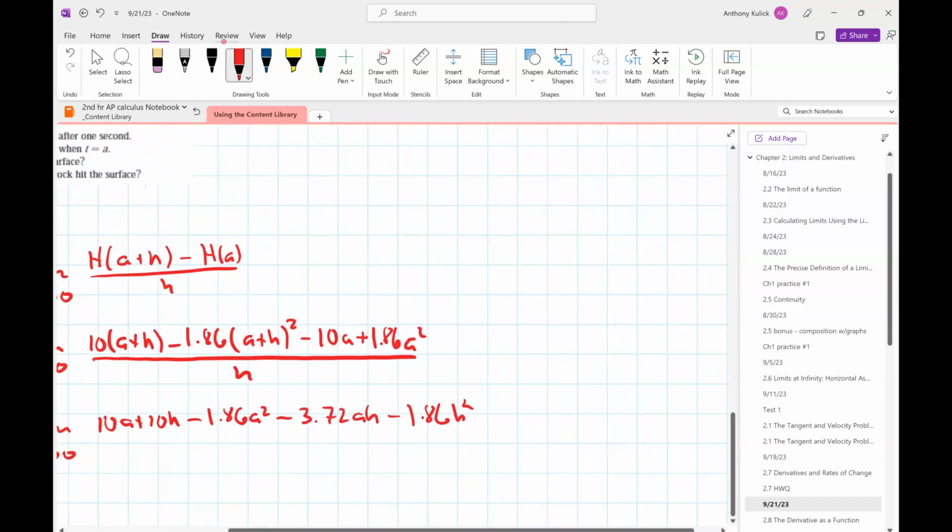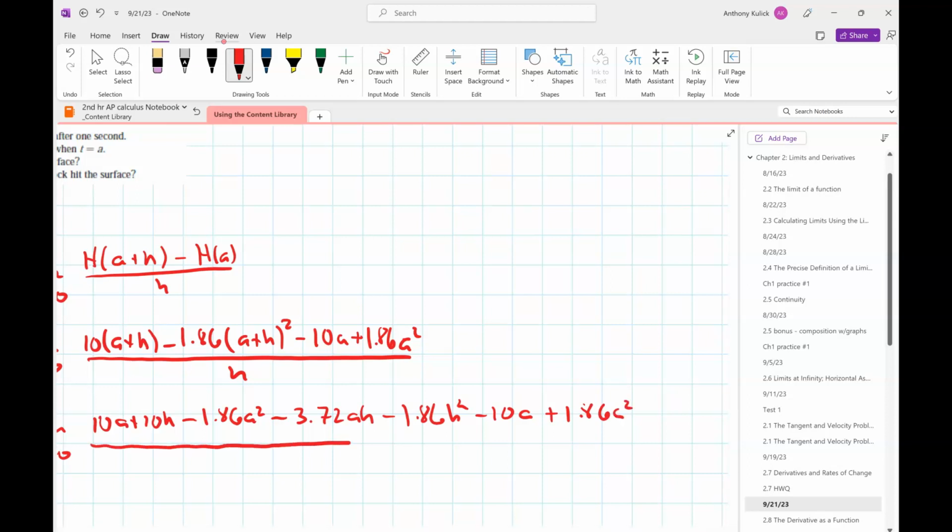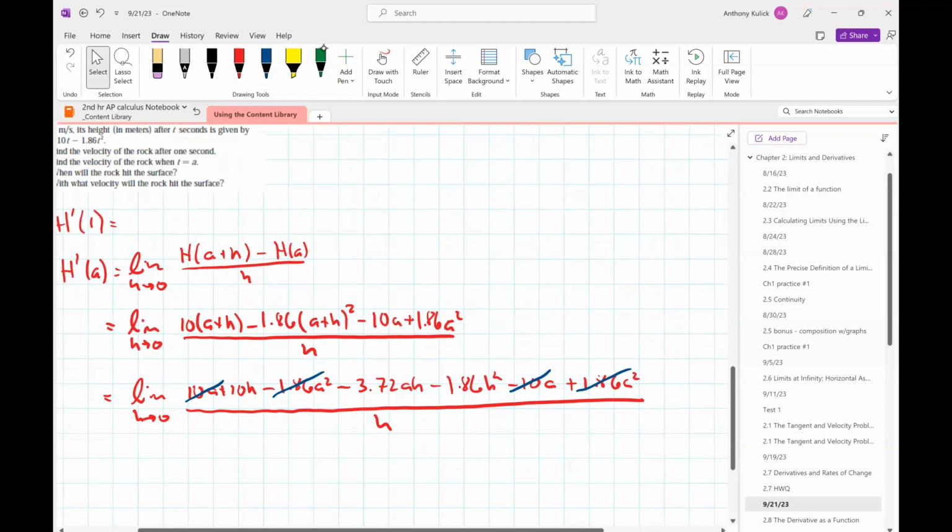And then we still have the minus 10a and plus 1.86a squared, still all over h. Good news is, I look at this, I have some canceling to do now. And the wonderful part about that is the only stuff left is the stuff with h's in it, so I can reduce some of that stuff down.